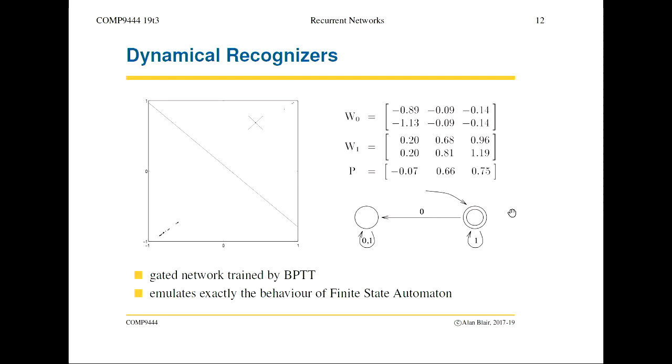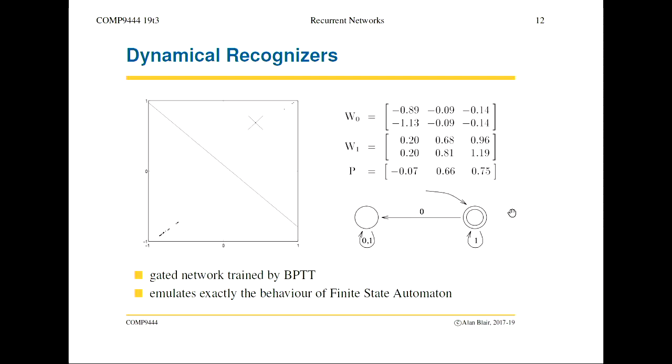Now, a language or a rule like that can often be described in terms of what's called a finite state automaton. I'll just explain how this works. These circles are states, and these arrows are transitions between states.